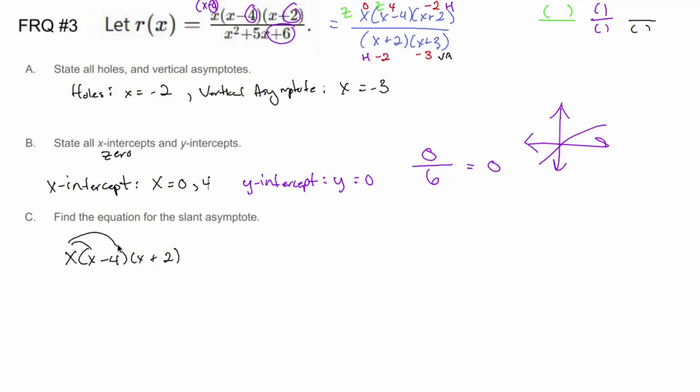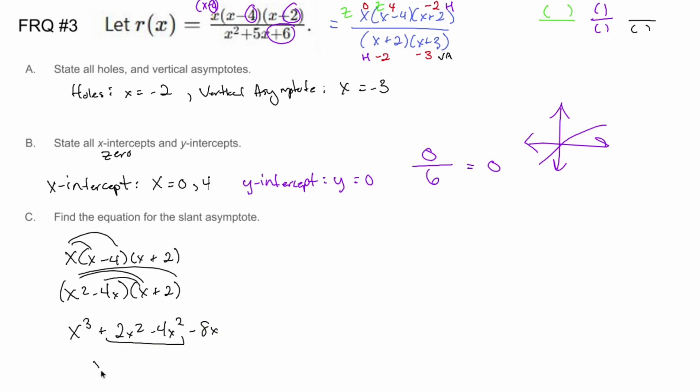Let's do x times that: x squared minus 4x times the quantity x plus 2. Let's FOIL this out again: x cubed plus 2x squared minus 4x squared minus 8x. Combining these, you get x cubed minus 2x squared minus 8x.